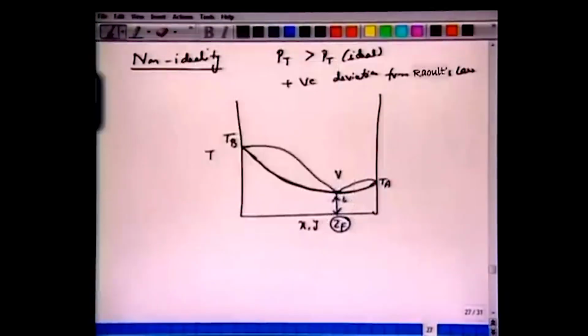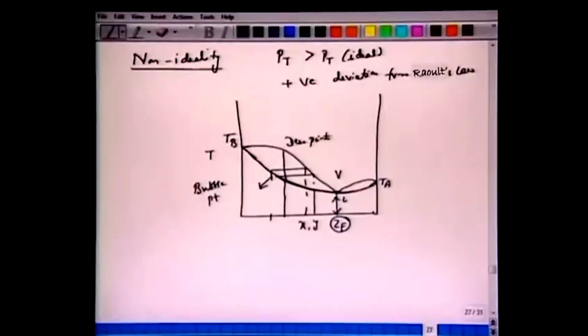There will be a separation if we take a mixture smaller than ZF. If we increase it, we have the bubble point curve here. Bubble point, first bubble is formed, liquid starts boiling, there is a separation here. This Y is greater than ZF, further heat it, Y is greater than ZF till we reach this dew point.